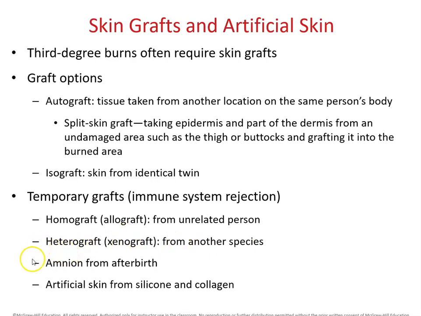We can also use amnion grafts that comes from afterbirth, or we have some more recent developments using skin grafts containing silicone and collagen as an artificial skin can be useful in helping skin heal without causing immune system rejections.